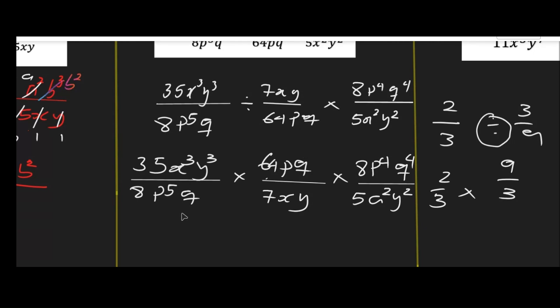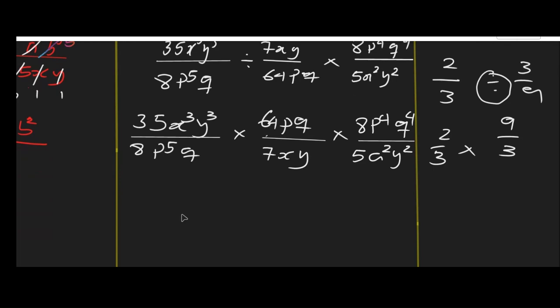So at this point, we have to simplify. We have a whole lot of stuff. We can do cancellations. So let's simplify. So I can see 8 in that of 64. So 8 goes into itself one time. It goes into this 8 times. 7 goes into itself one. It goes into 35 5 times.